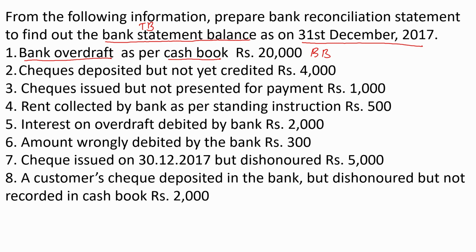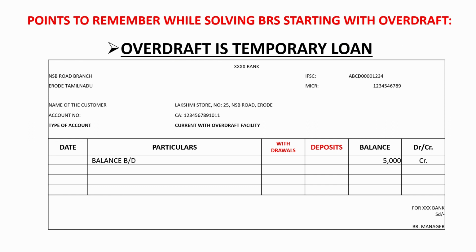Let's understand what is a bank overdraft. Bank overdraft is a temporary loan which is given by the banker for his current account holders. Normally, current account will be opened by business class people. They will be given a facility to draw over and above their deposit balance as on a particular date.